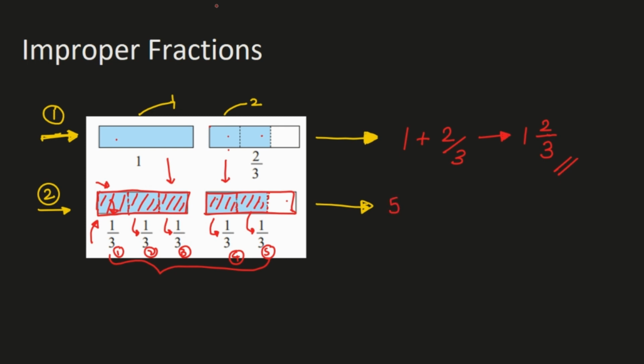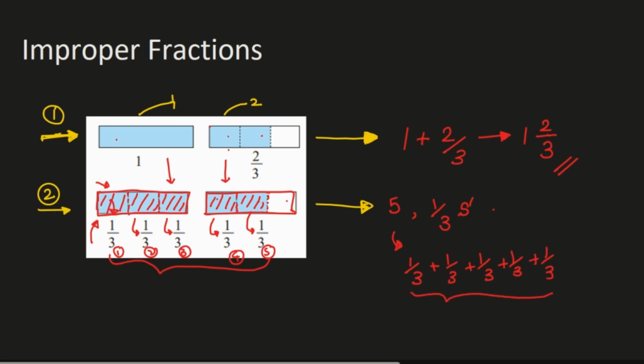5 1 upon 3s are represented here. Understood? So we can write it as what? If you add everything, we can write it as 1 upon 3 plus 1 upon 3 plus 1 upon 3 plus 1 upon 3 plus 1 upon 3. How many 1 upon 3s are there? Altogether, there are 5 1 upon 3s.